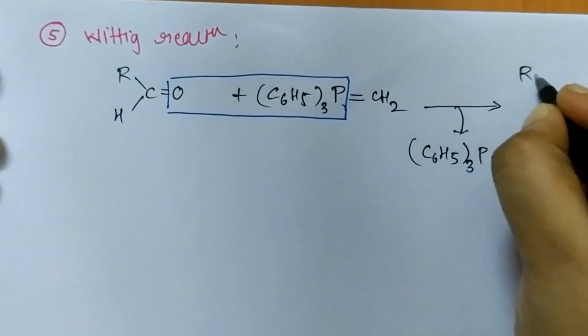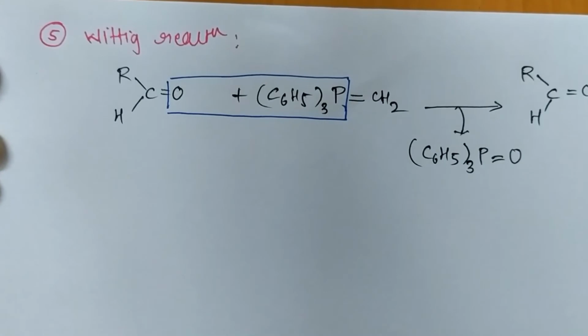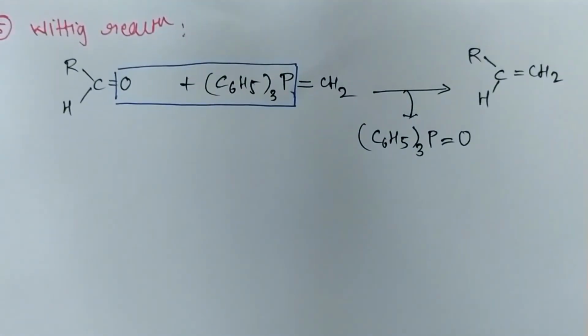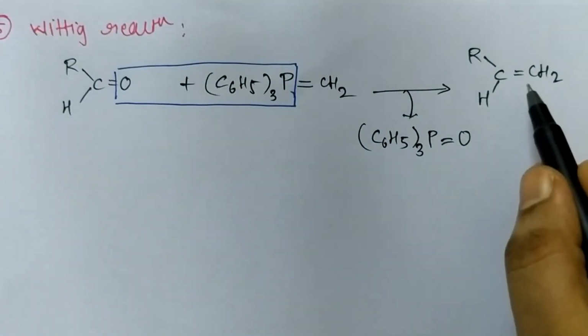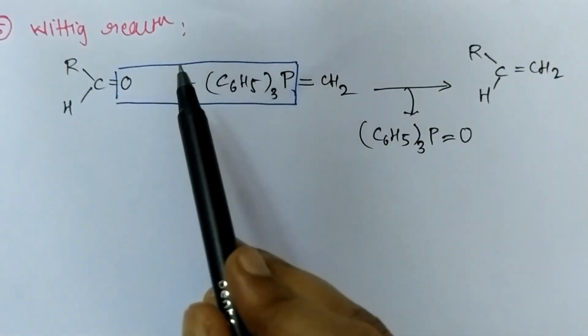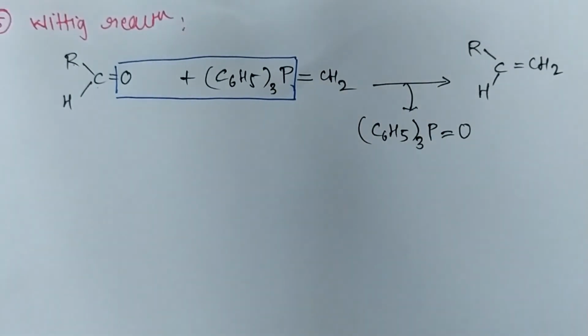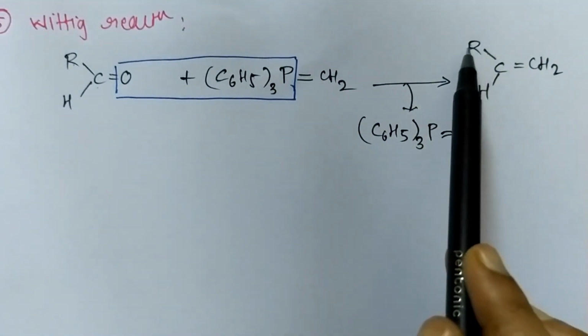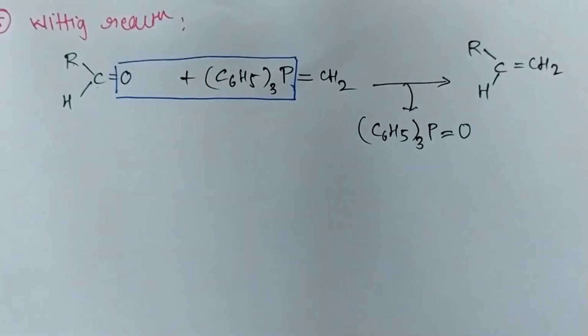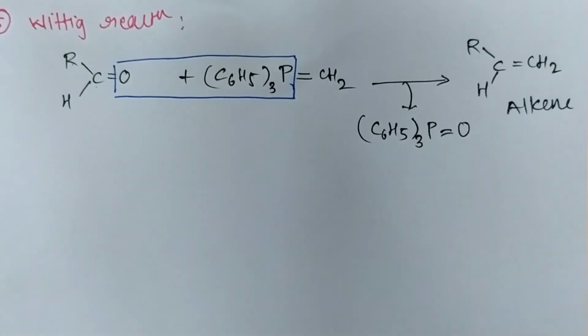So therefore we get it as RCH double bond CH2. This is the compound which we get because this particular portion will get lost, and we are only left with CH2 and RCH. So we join them together to get RCH double bond CH2. So anyway, this is an alkene.